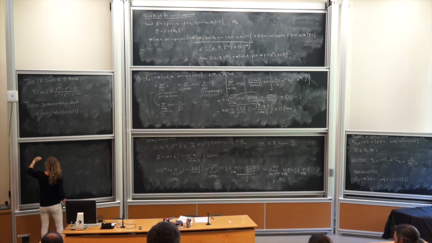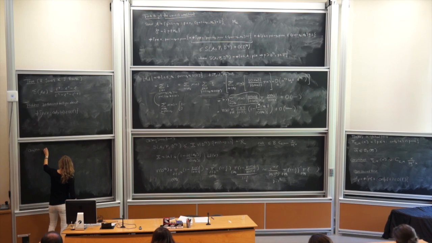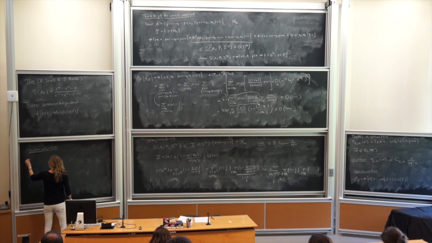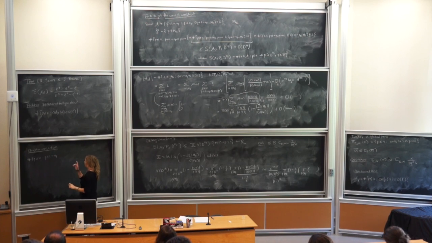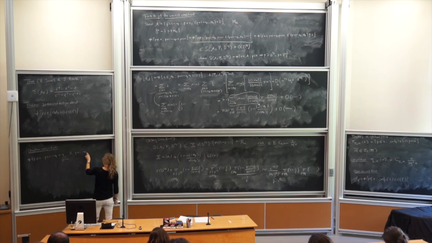So, let me look at another conjecture. This time I want to generalize the Lang-Trotter conjecture. So I look at the number of primes p smaller than x such that p plus 1 minus a_p is equal to q, and q is prime, and q plus 1 minus a_q is equal to p. Very cute, huh?